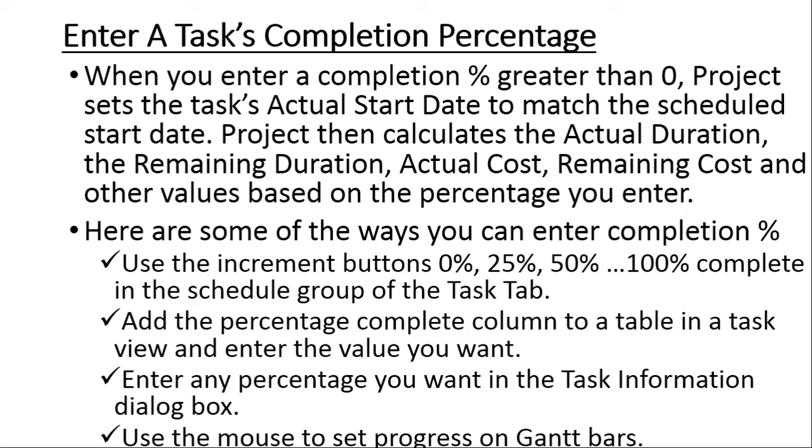There's also what we call the task information dialog box. Remember, I was saying to you, you can always go to the task information dialog box by double clicking on the task when you are in the Gantt chart view. So when you double click on a task, it opens that task information dialog box. So inside there, you can also enter the percentage progress.